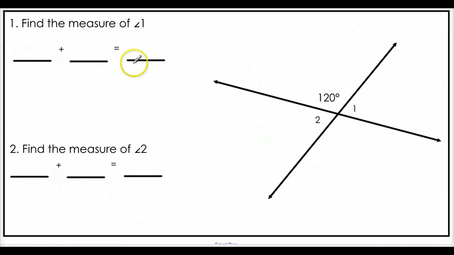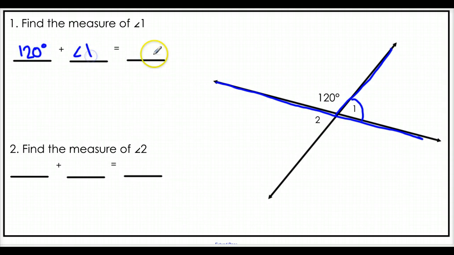All right, our next goal is to find the measure of angle 1. That's this angle over here. Since I know that these two are a linear pair because they make a straight line, I know that 120 degrees plus angle 1 are going to add up to 180 degrees because linear pairs are supplementary.